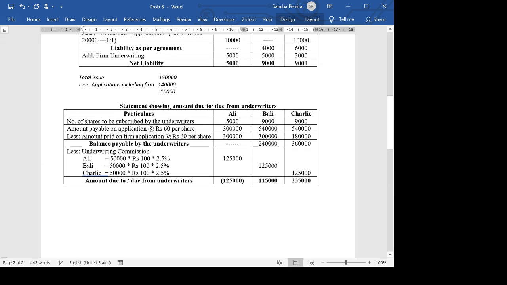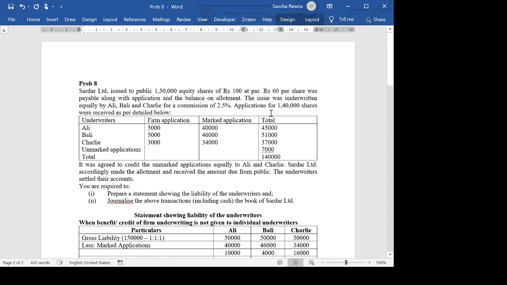So it's going to be into rupees 40. Why rupees 40? The face value of the share is 100. On application, 60 has been collected and the balance on allotment. So the balance becomes 40 rupees.